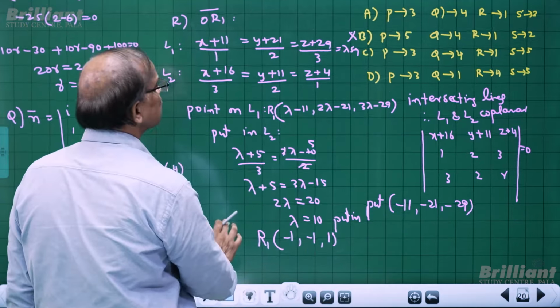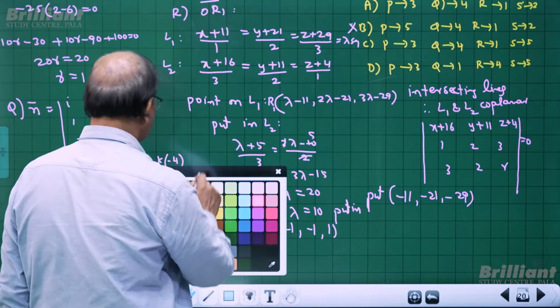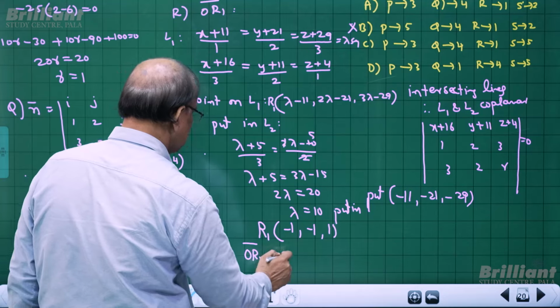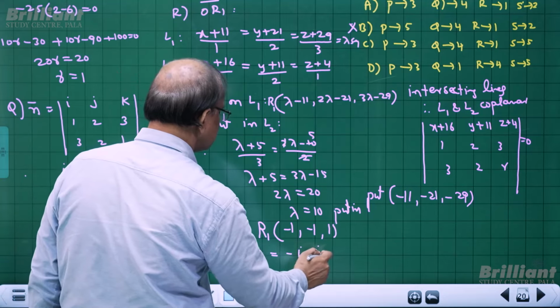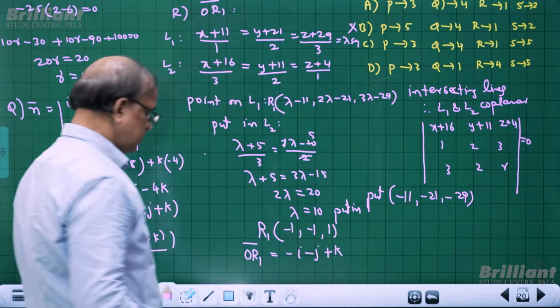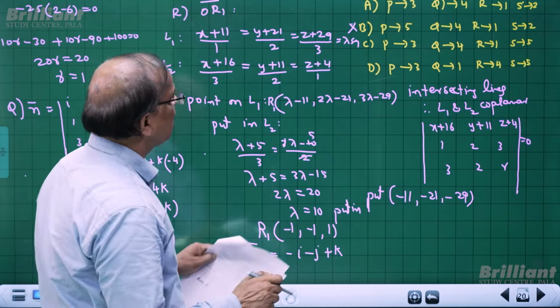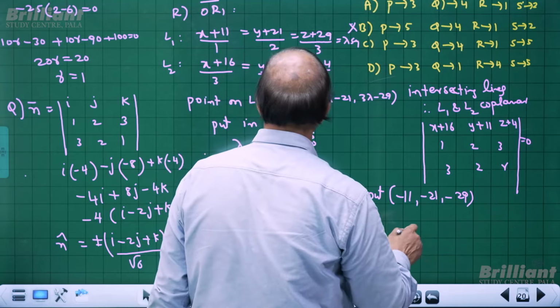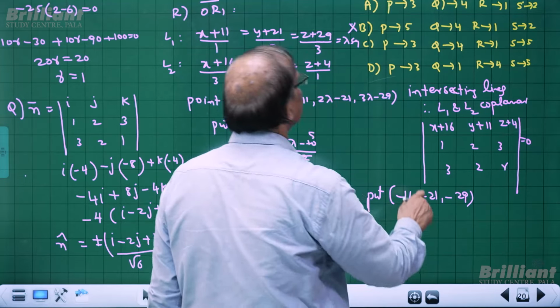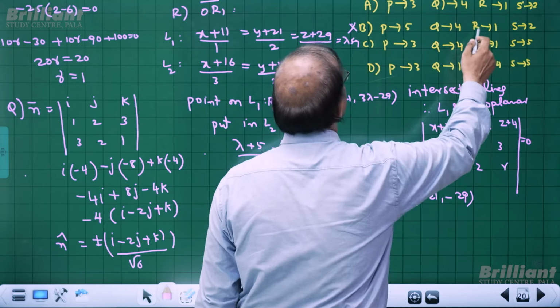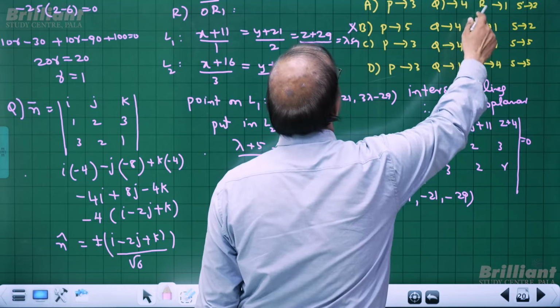Okay. So, OR1 bar is minus i minus j plus k, and ORN bar is minus i plus j, with R1. So, R1 is there, R1 here also, this here is there.